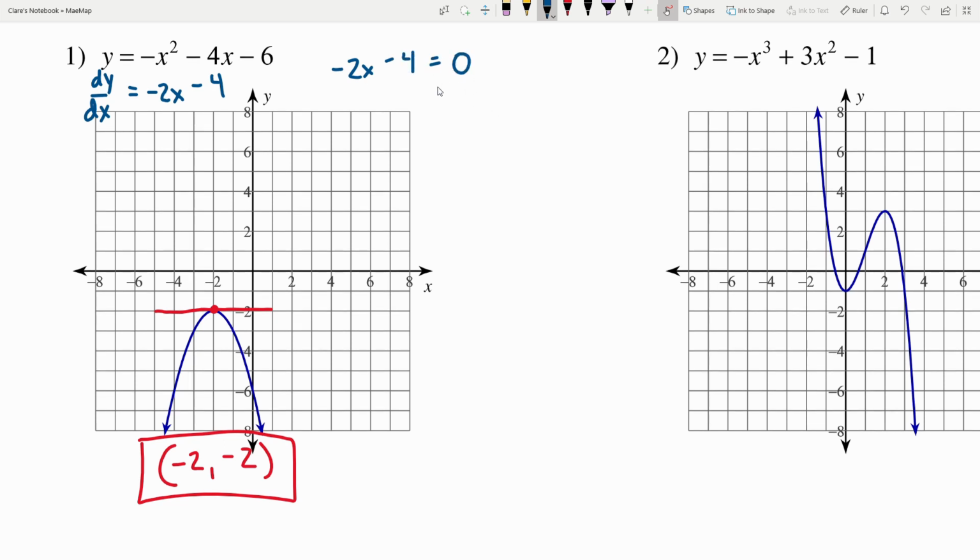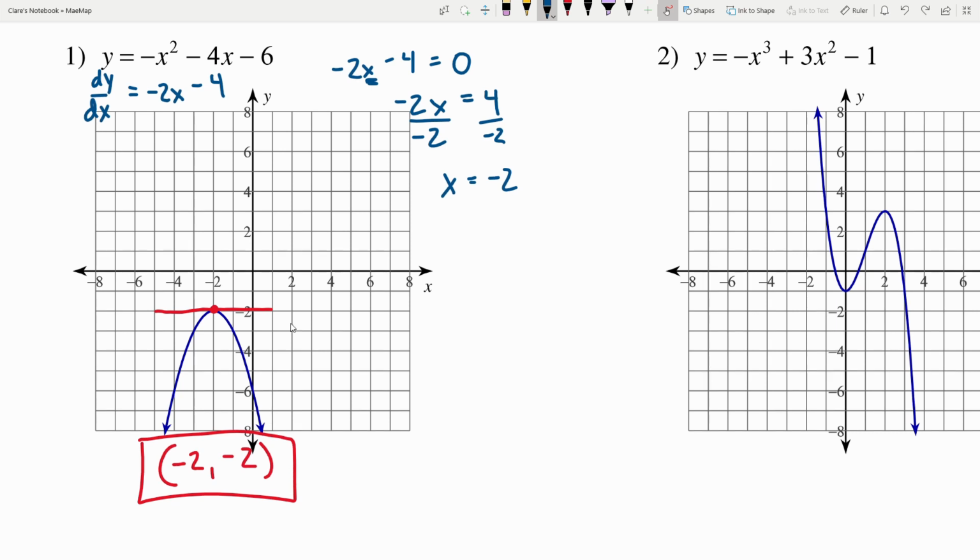That's what we're trying to solve for. So we're going to solve for x. -2x, adding 4 to both sides, equals 4. Divide by -2, we get that x is equal to -2. And that is confirmed by what we found by looking at the picture.